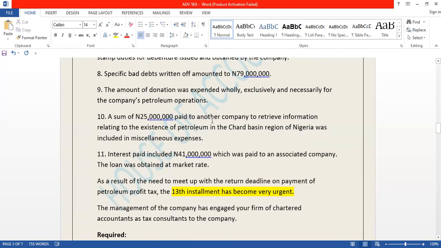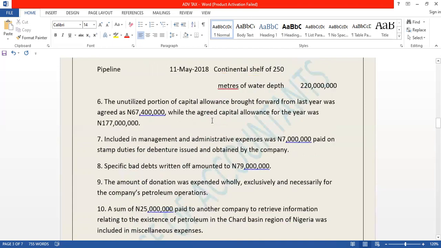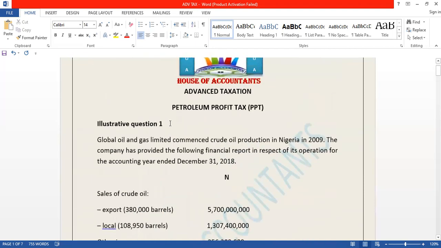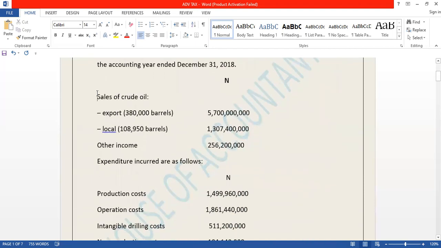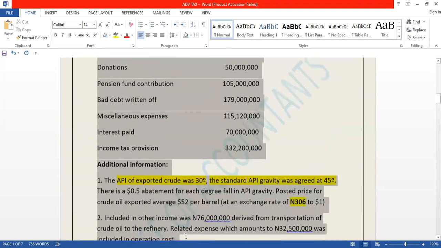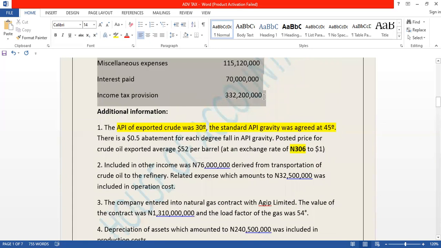Okay, no issue. I will just copy all those figures we have and paste them on the screen again. So I'm going to pick all this to make our work easier.